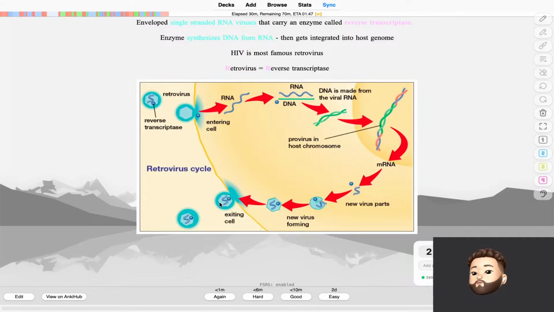I just feel like it's such a roundabout mechanism. Like, you're trying to tell me that you're an RNA virus, and instead of just already being DNA, you want to be RNA. I don't know, that sounds pretty amateur to me.